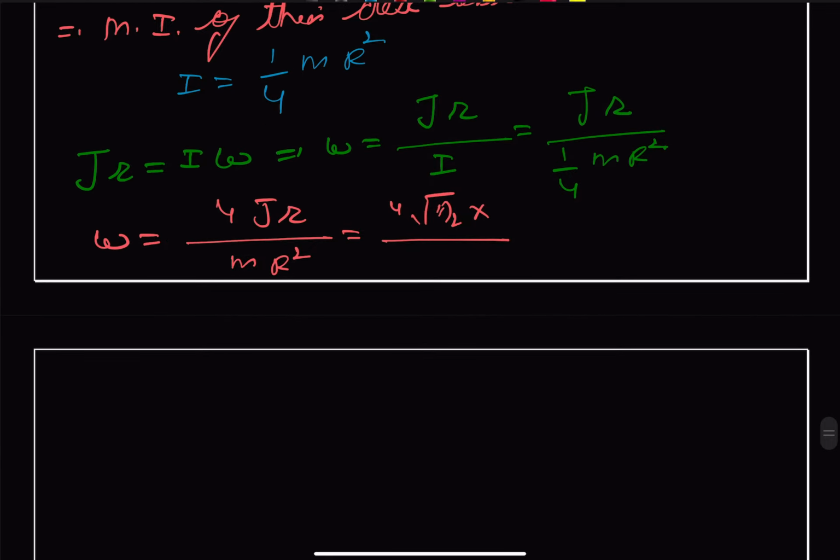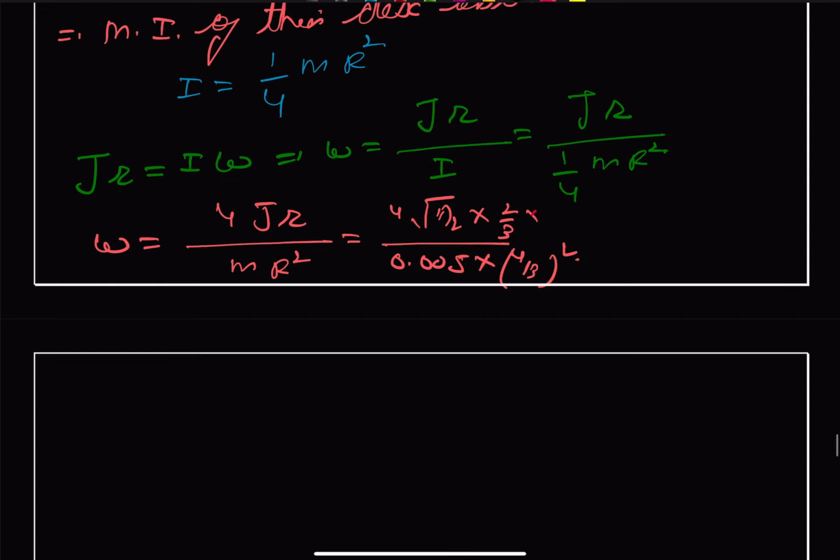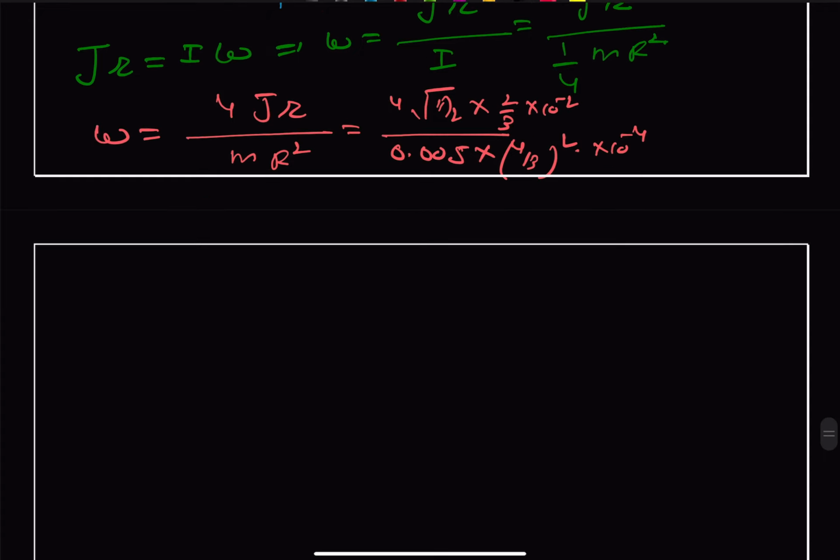So this comes as 2 by 3. Mass is given to us as 0.005, and we have 4 by 3 whole square. This will give 10 to the power minus 2 in the numerator and 10 to the power minus 4 in the denominator. So we get that our omega is approximately equal to 375.5 radian per second.